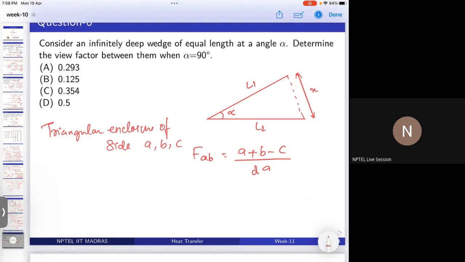Here we first find the view factor between any two surfaces, like A and B; I am considering this as A phase, B phase, and this is C phase. So FAB is A plus B minus C by 2A, which here is L2 plus L1 minus X divided by 2L2.